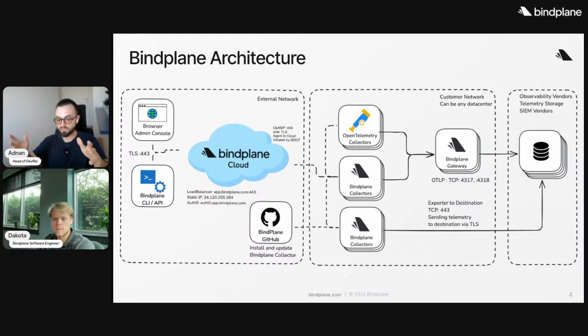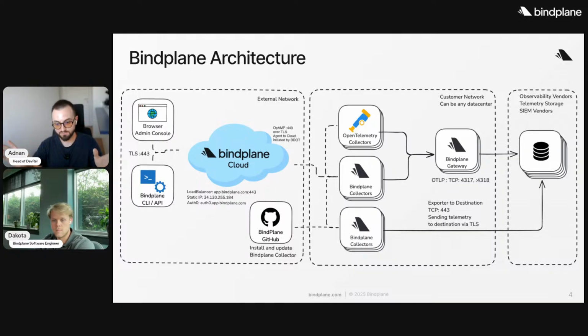And because it's a WebSocket connection, once it's established from the inside out, you don't really need to do anything else from your security perspective. So for your firewall, you only open up 443 or 3001 on the inside towards the outside.